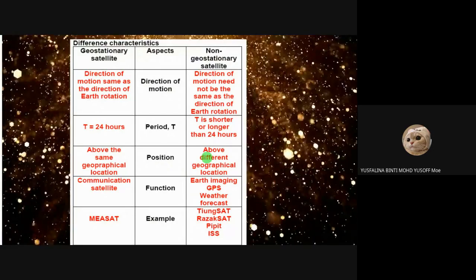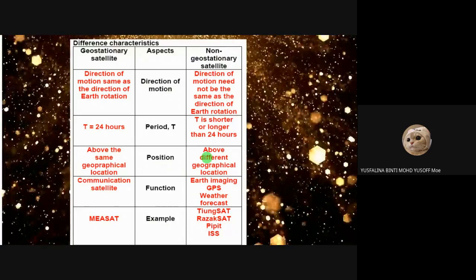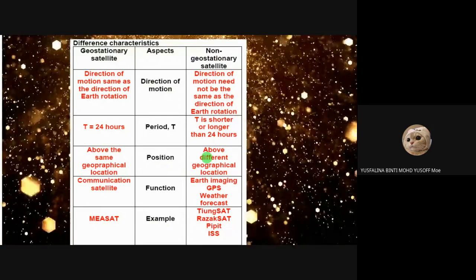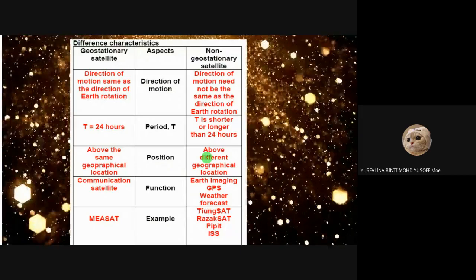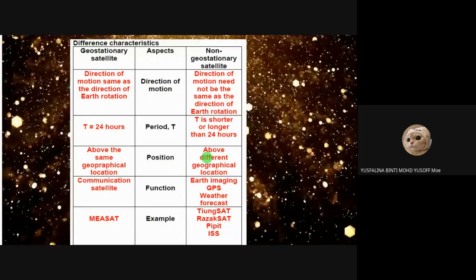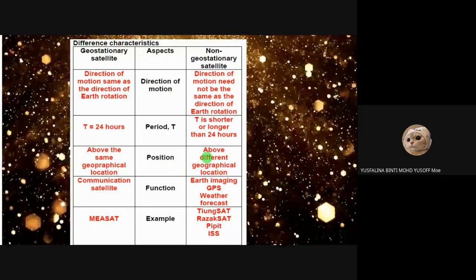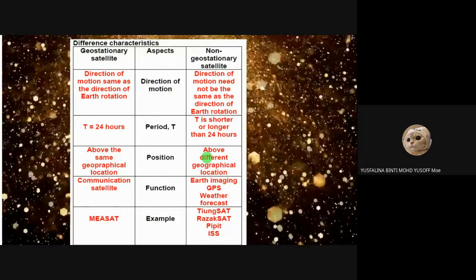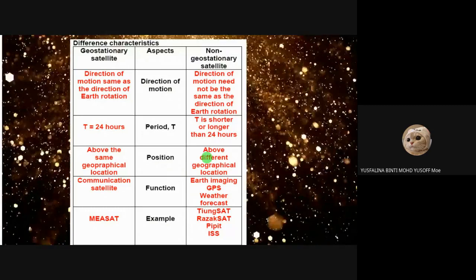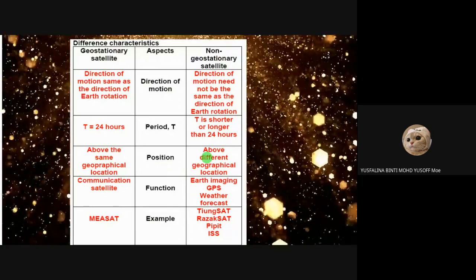For the period, the geostationary satellite is constant, must be 24 hours to complete one complete circle. But for the non-geostationary satellite, it has to be shorter or longer, less than or more than 24 hours to complete one rotation.